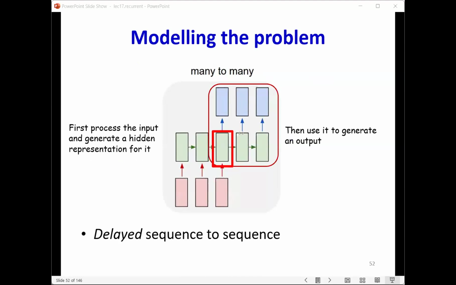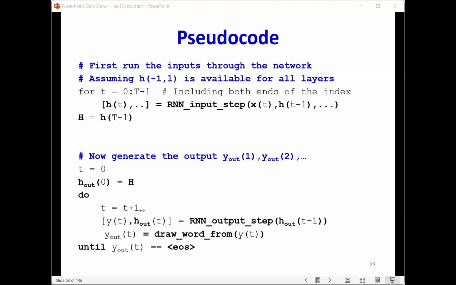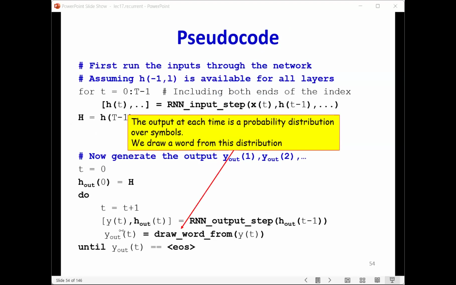So because from this guy, when you take in this hidden state, you're computing this one, and from this one, you're computing this as well, right? So you generate the current hidden state and the output probability distribution. But what is the actual output word? The output word is going to be drawn from this output probability distribution. And we keep doing this till the end of sequence marker is produced.